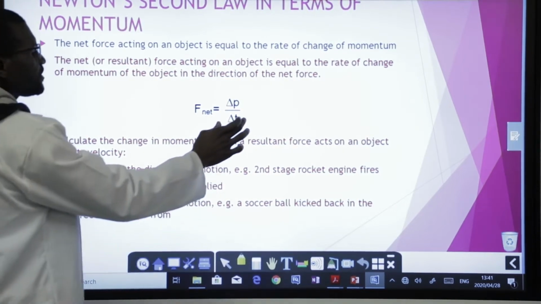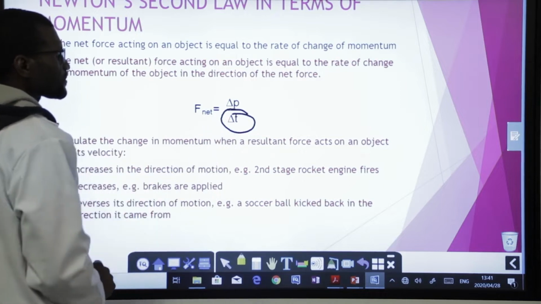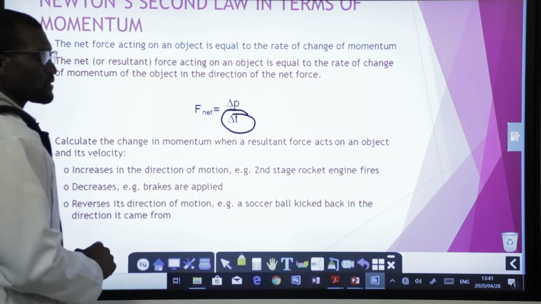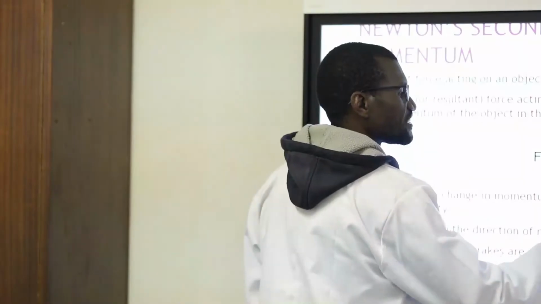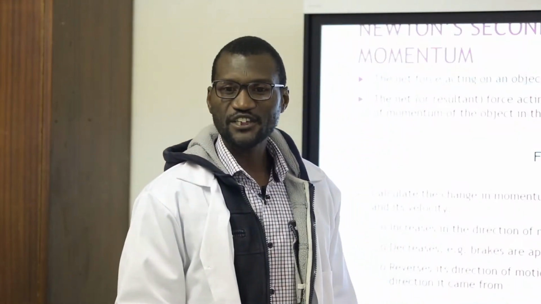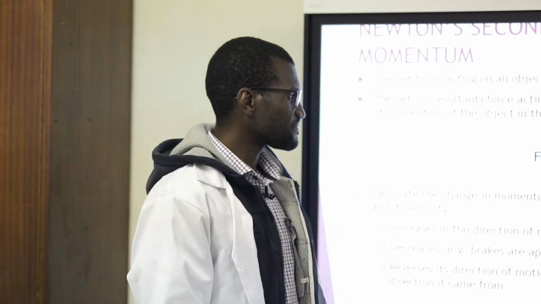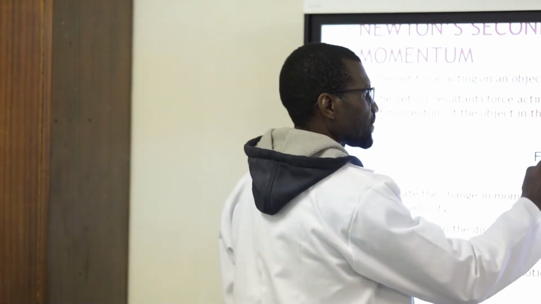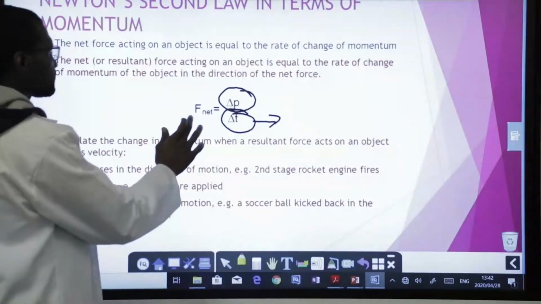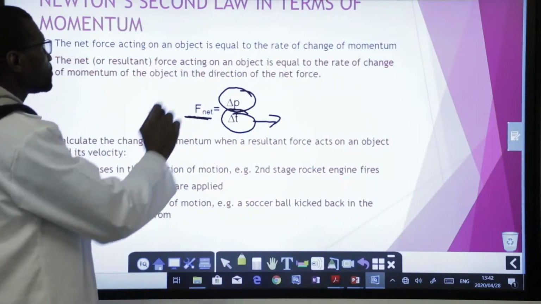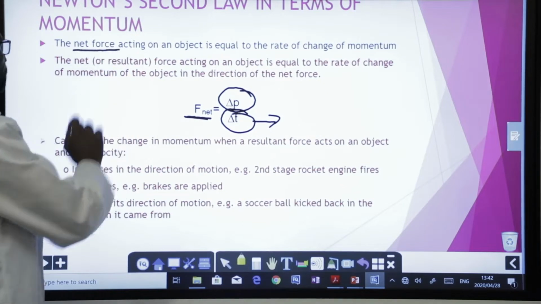Each time you hear us talking about rates in physics, it must make you think about change in time. And we are saying the rate of change of momentum is equal to the net force.